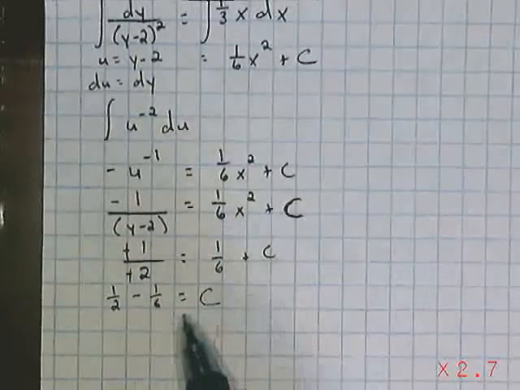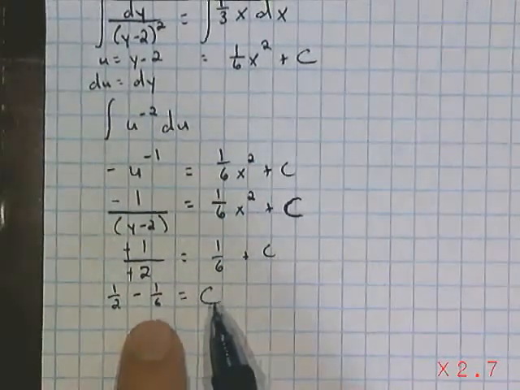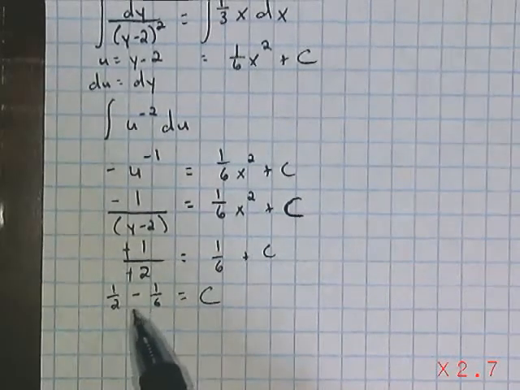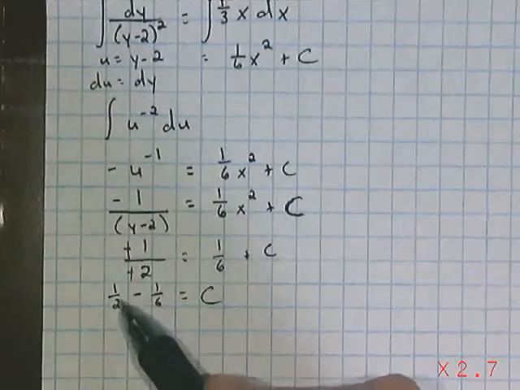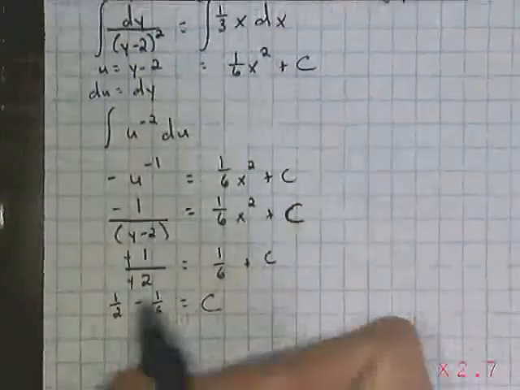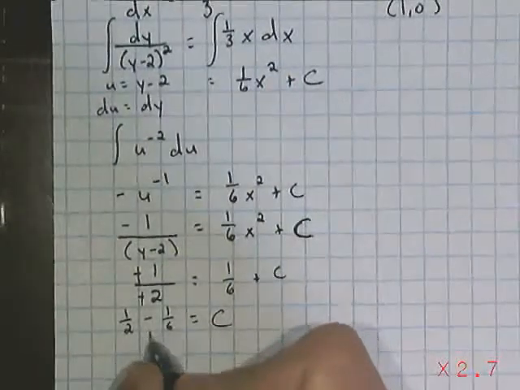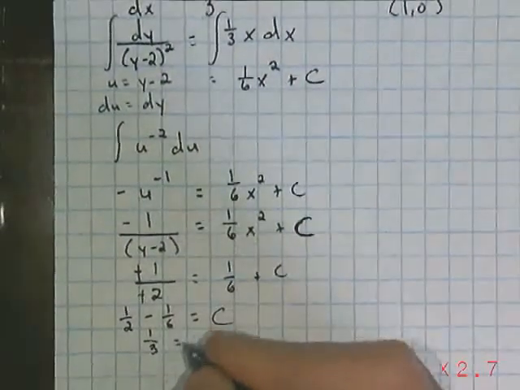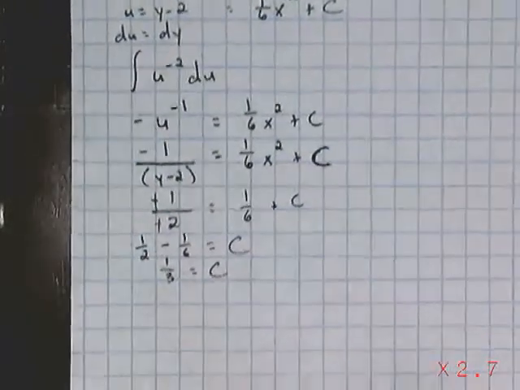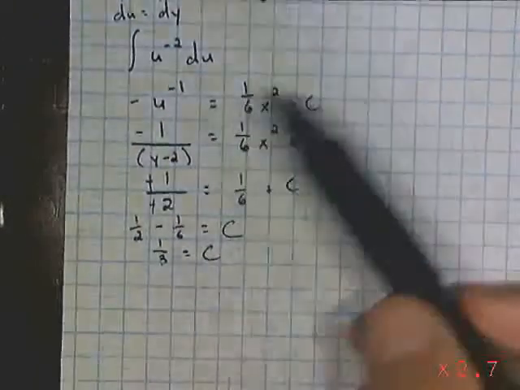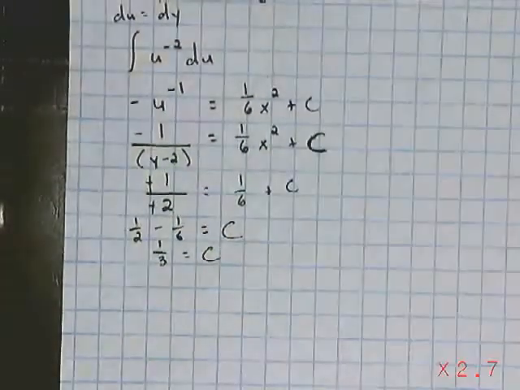And because we're going to be actually plugging this into an equation, don't box this up, because let's actually solve for this. 1/2 is the same as 3/6. 3/6 minus 1/6 is 2/6, which is a lot like 1/3. So 1/3 is c. So our particular solution, we're going to have c equal to 1/3.